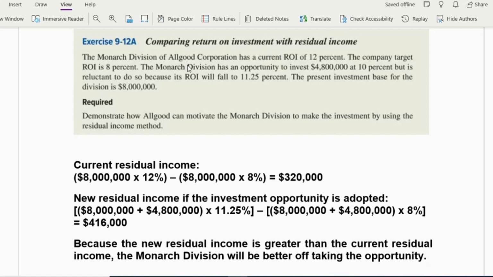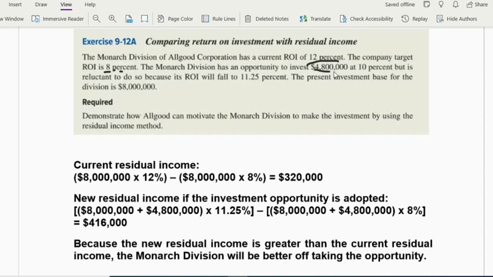The Monash division of Allgood Corporation has a current ROI of 12%. So this is their current ROI with current operating assets and operating income. The company target, meaning desired ROI, was 8%. Monash division has an opportunity to invest $4,800,000 at 10%.